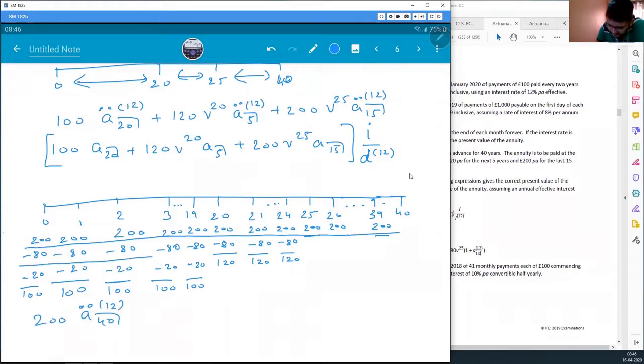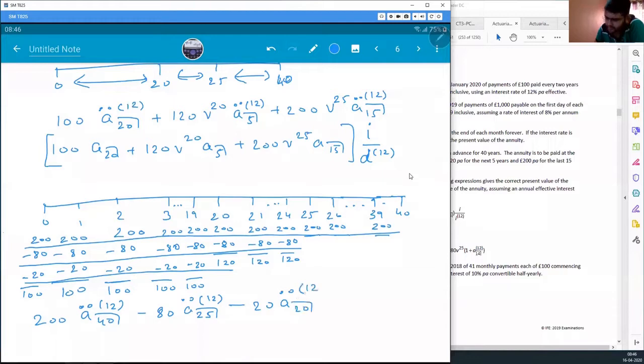Then annuity of minus 80 for 25 years: minus 80 ADU 25 payable 12 times. And then minus annuity of 20 for the first 20 years: minus 20 ADU 20 payable 12. So this is another way of writing. Rather than finding different annuities, what we have done is subtraction of annuities.